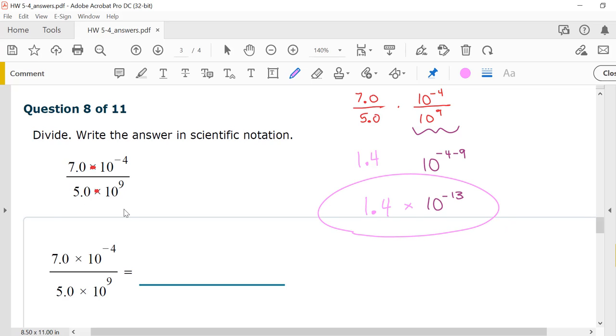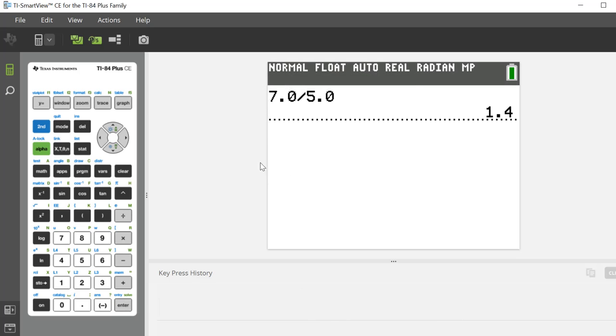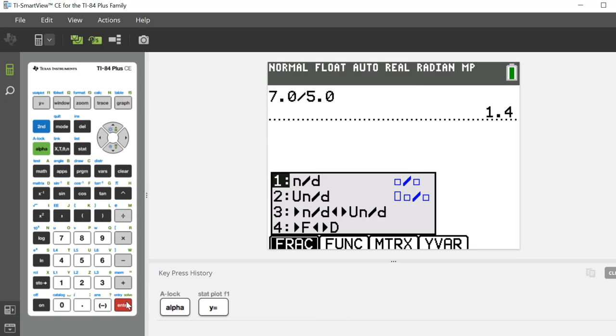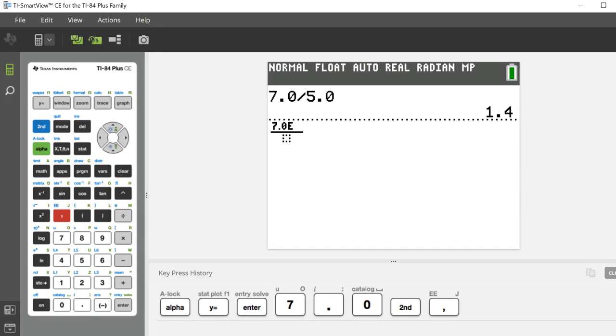Now if I want to do this directly on the calculator, here comes a fraction, alpha y equals number 1. My fraction is 7.0 times 10 to the, was it negative 4?